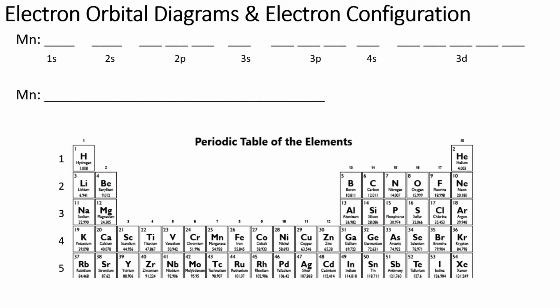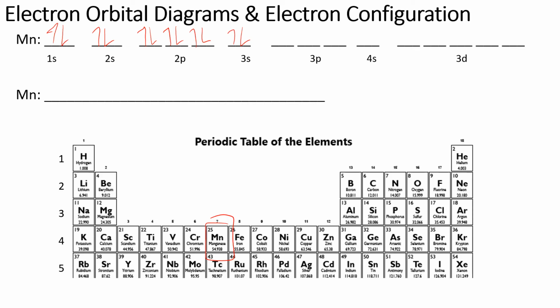Okay, now we're going to take a look at one that has the d orbital. So we're going to take a look at manganese. That is down here, number 25. So we need 25 electrons. That's a lot. Let's use our orbital diagram to help us out. So here's 1, 2, 3, 4, separating them, 5, 6, 7, 8, 9, 10, 11, 12.